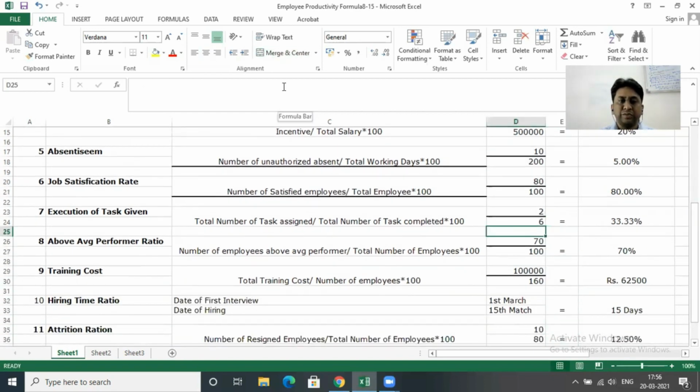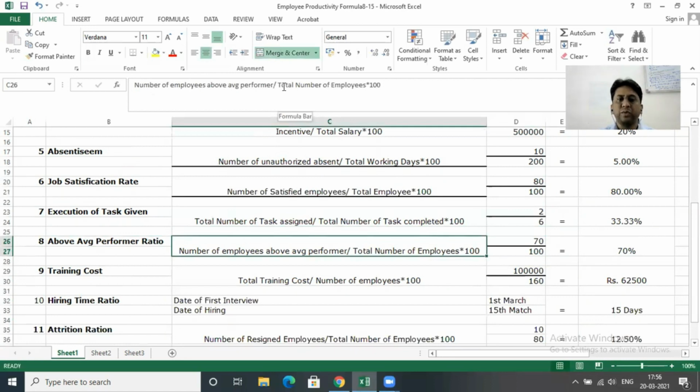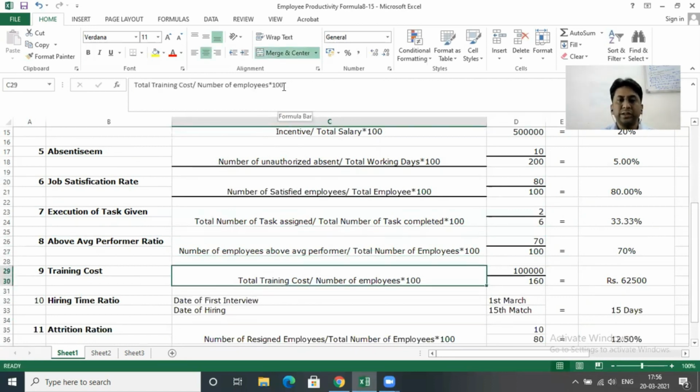Now above average performance ratio. Again, number of employees above average performance divided by total number of employees. Then training cost. See, training is most important for the employees. If you can give training in HR, advanced Excel, or that particular field, accounts training, it incurs cost.